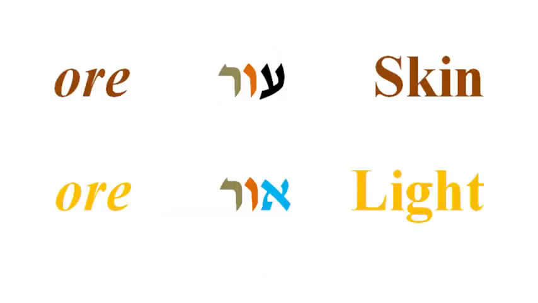The word for light is or, but it's spelled Aleph Vav Resh. So they were clothed in or, God's light, Aleph Vav Resh, and then after they sinned, God clothed them in or, Ayin Vav Resh, animal skin.